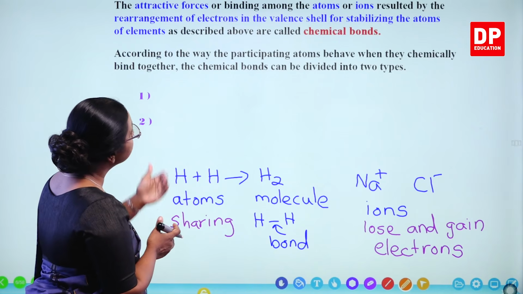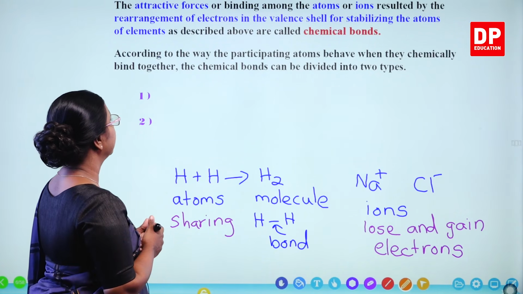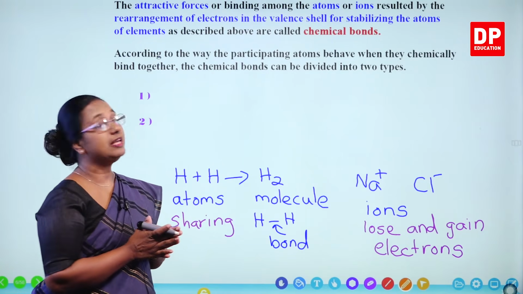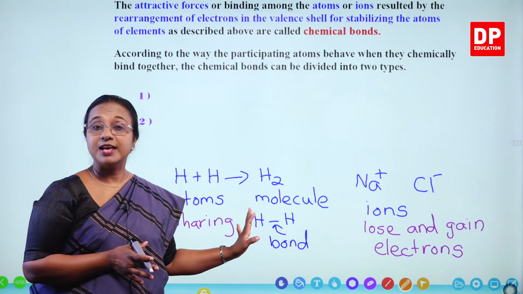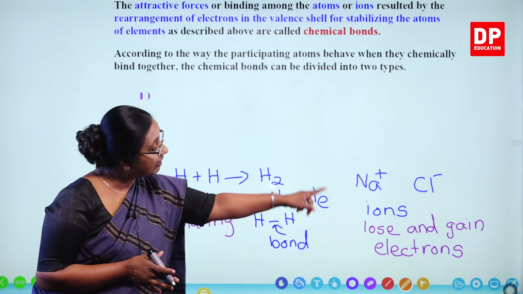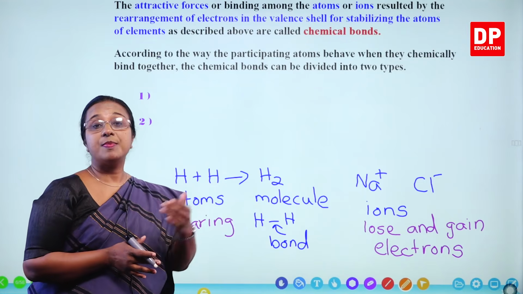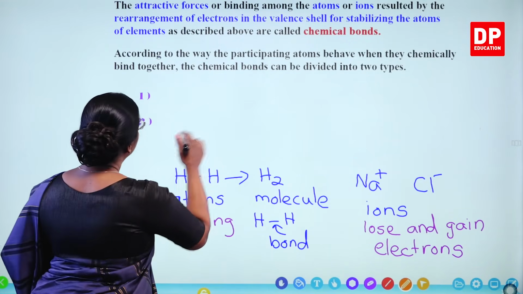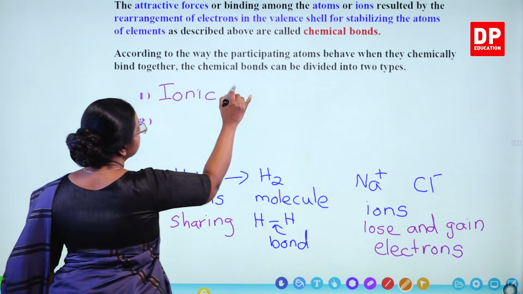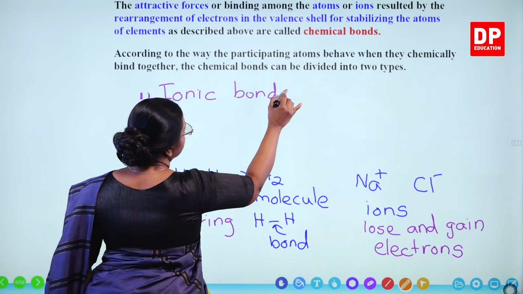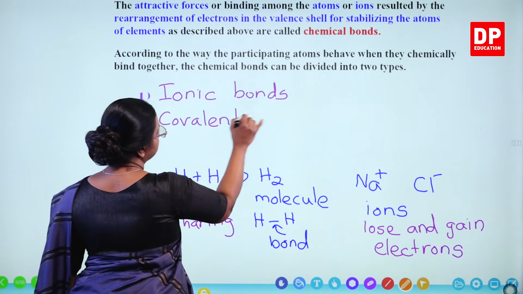According to the way the participating atoms behave when they chemically bind together, the chemical bonds can be divided into two types. So when they share, they are known as covalent bonds. And when they lose and gain electrons and form ions, they form ionic bonds. So based on that, there are two types: ionic bonds and covalent bonds.